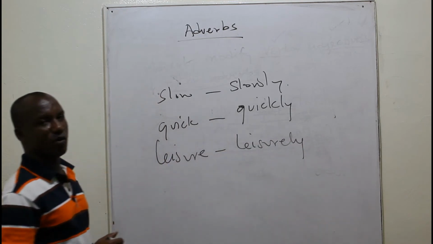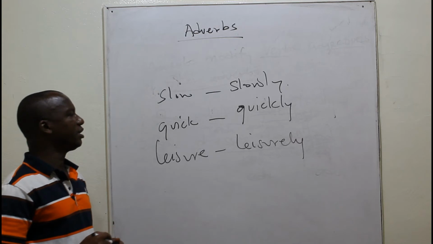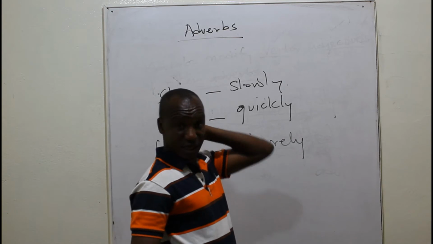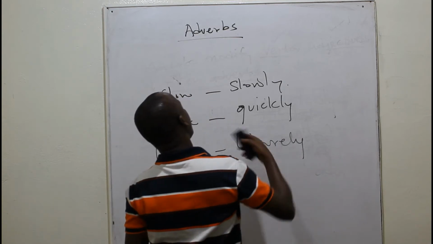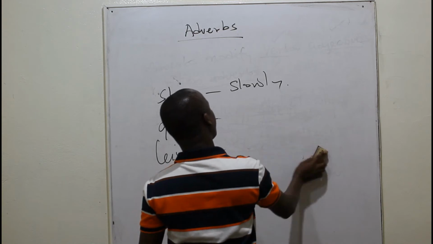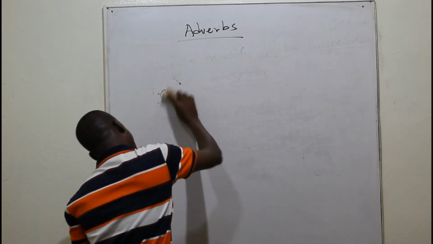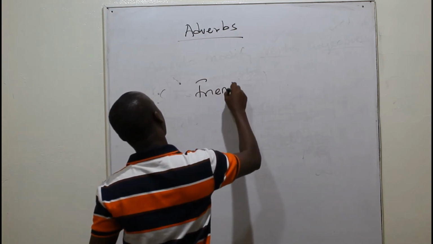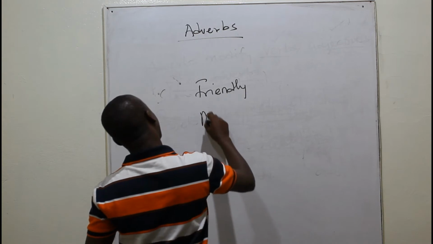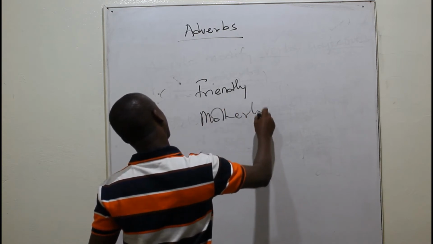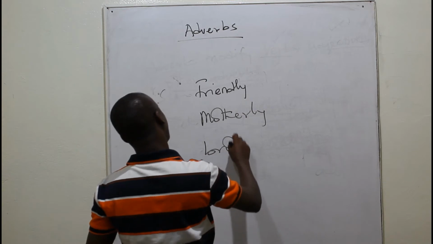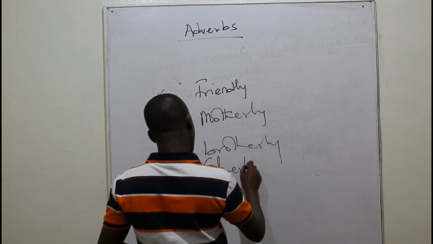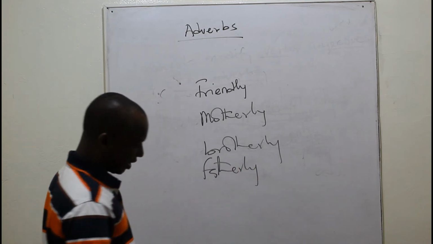Now, one thing we must be careful with is that not every word that ends with ly is an adverb. When we are identifying them, we have to be careful. For example, words like friendly, motherly, brotherly, fatherly are all not adverbs.